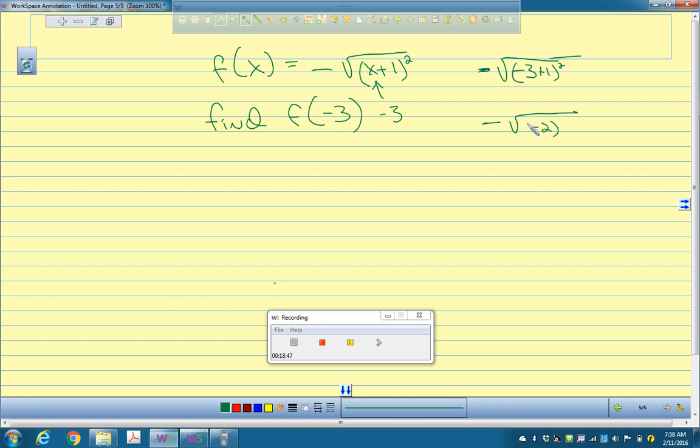Then you have to square negative 2. What's negative 2 squared? 4, okay? Positive 4. What is the square root of positive 4? It's 2, so there's still a negative sign outside. So your answer is negative 2. Okay, so that one was not so straightforward, right?